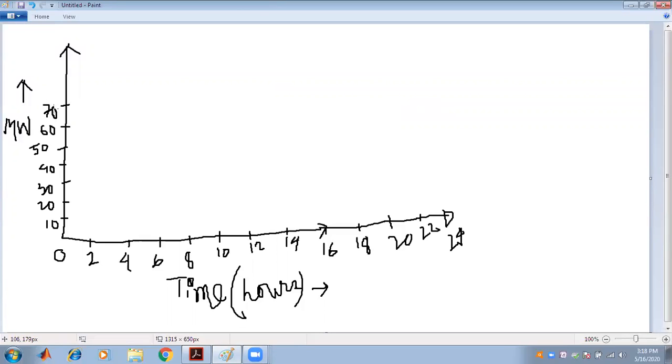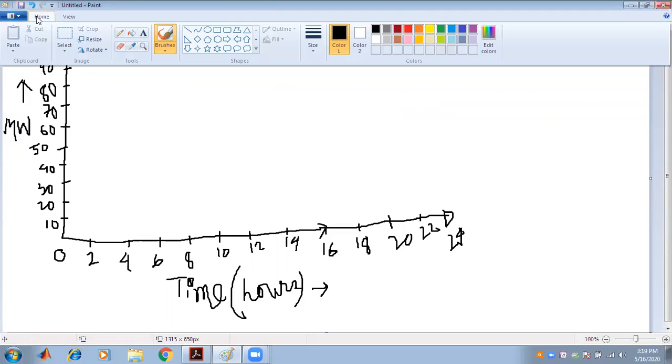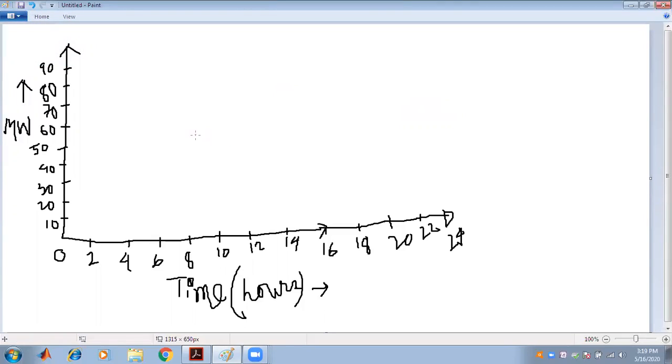The scale division is totally up to you. 80. Whatever the scale division, it is totally up to you. And this is 90. So now we are starting to draw the load curve.